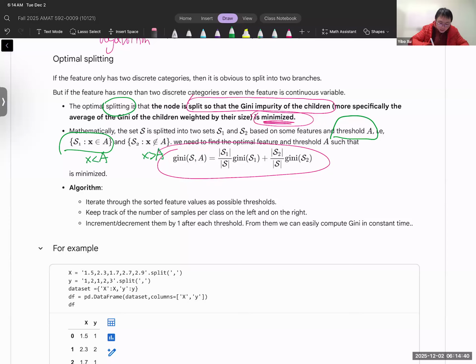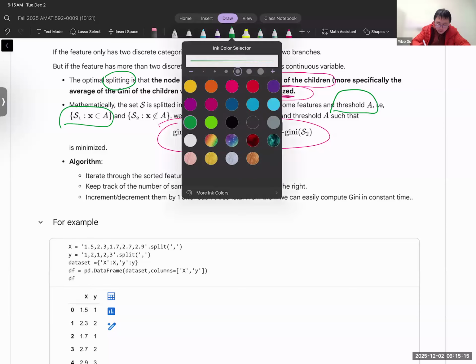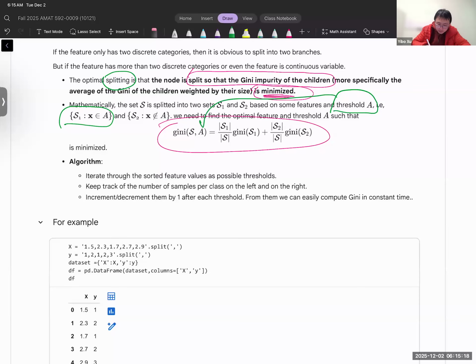But of course, your feature could be multiple. If you have a bunch of different criteria, then essentially you have intervals. Here we're writing set notation. Now you see, for each threshold, once that's given, I'm going to calculate the Gini in terms of the two sets.